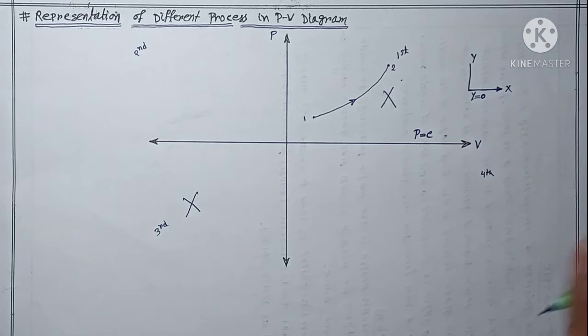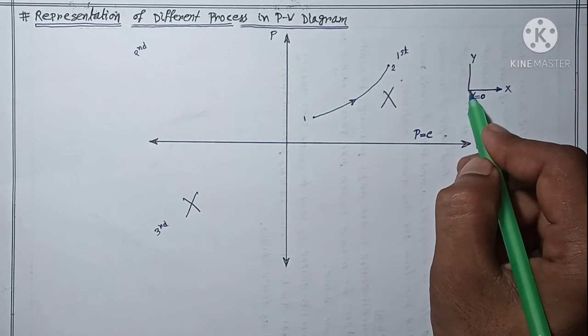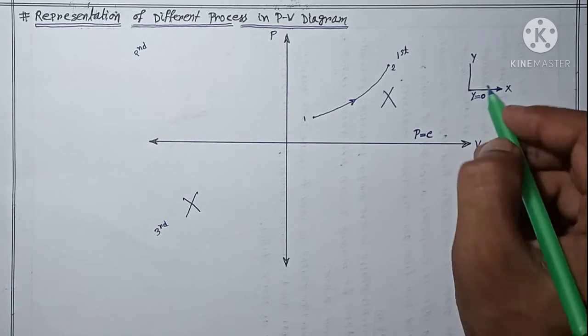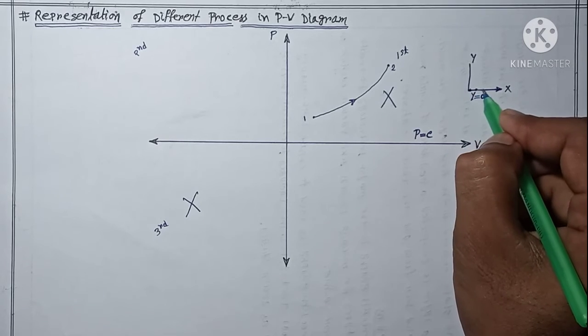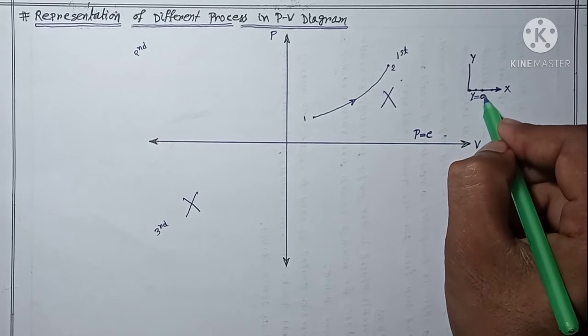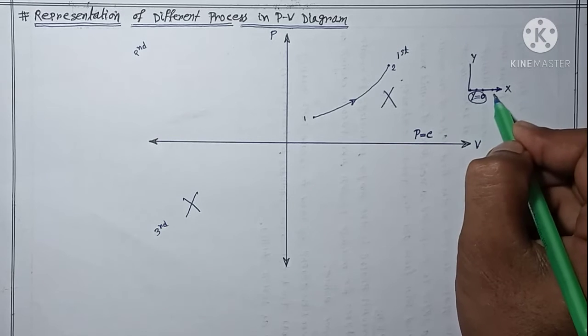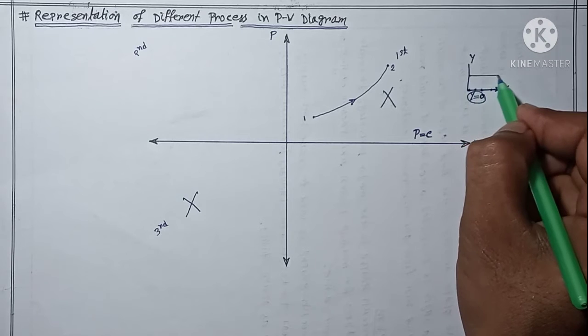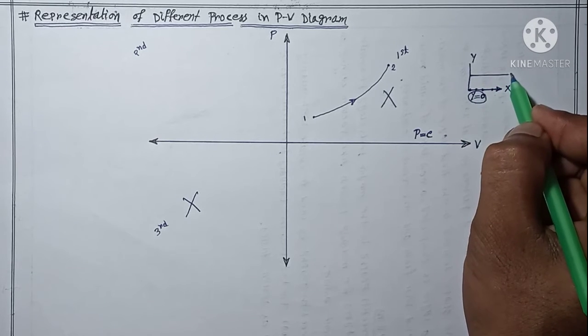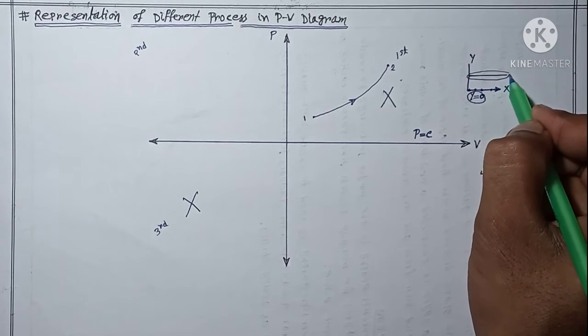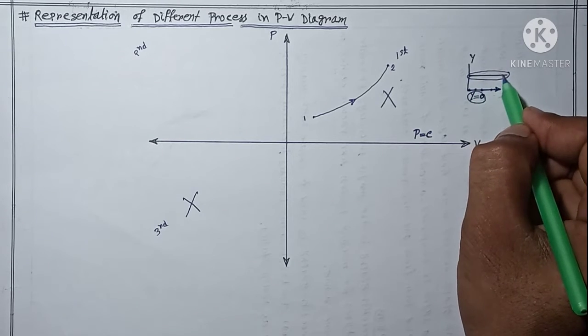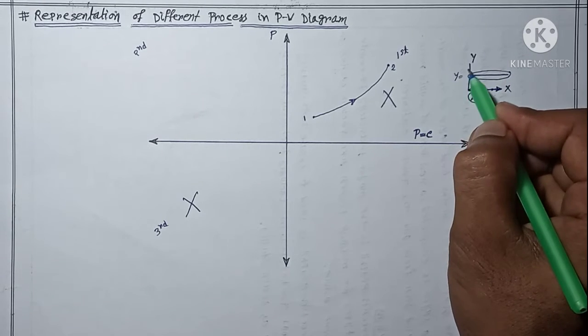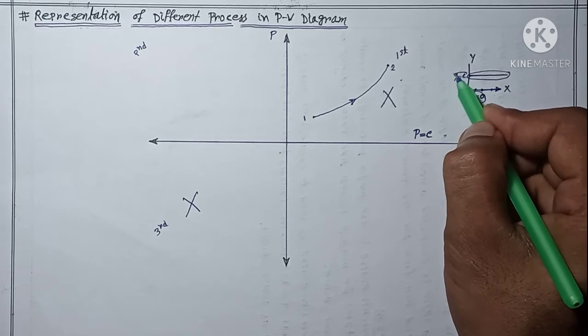Y is 0. Similarly, if you go from this point to this point to this point, whatever the value of y, it is constant, meaning 0, 0, 0. Similarly, if you take a line here, these also represent an x-axis, and on this axis whatever the value of y, let's assume c, any value.